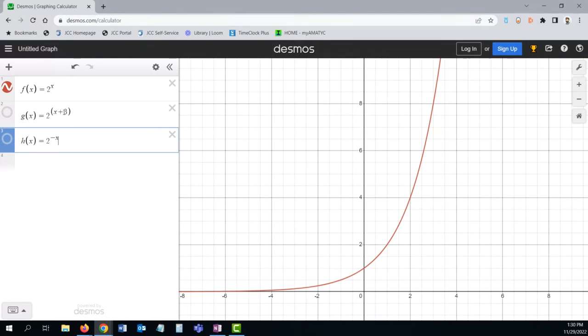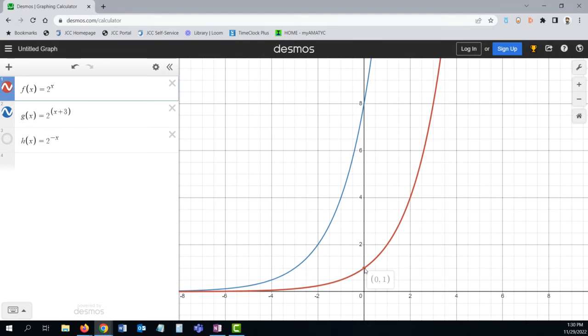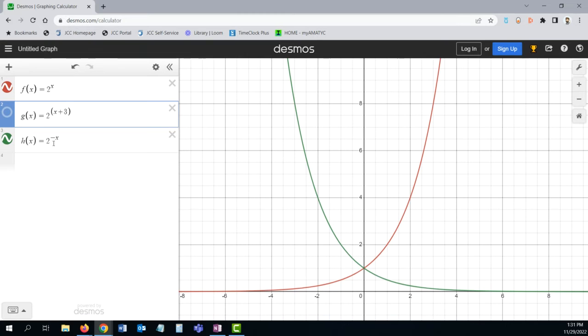By putting that plus 3 in there, what I've done is I've moved f of x to the left 3 units. So if I look for values, 0, 1 has now become -3, 1. Everything got shifted left. What about when I put a negative in there? Well, now I have flipped across the y-axis.